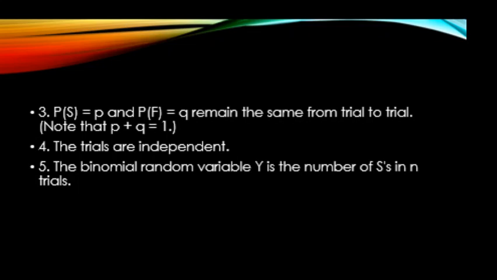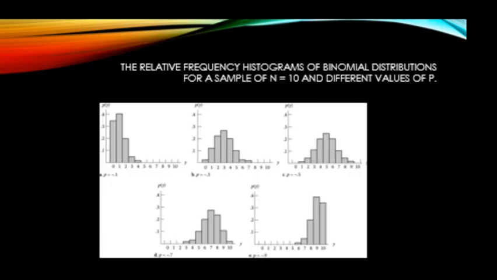The binomial random variable will be y, defined as the number of successes in n trials. Here is what the frequency distribution looks like for a binomial random variable. So here are some examples. In each case we have a sample of 10.